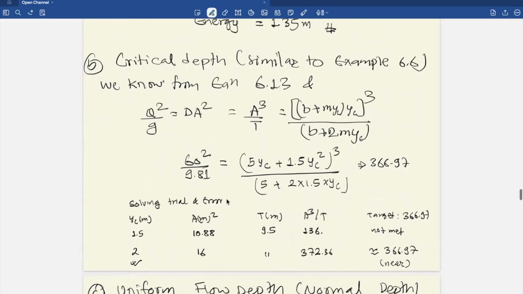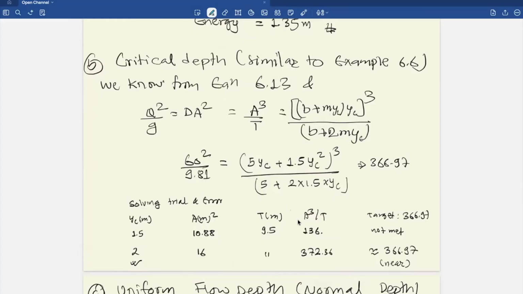And solving by trial and error, since we don't know the critical depth here, for yc we can put 1.5 meter first and find the area, which will be (B plus m yc) times yc, whereas T will be equal to B plus 2 m yc.